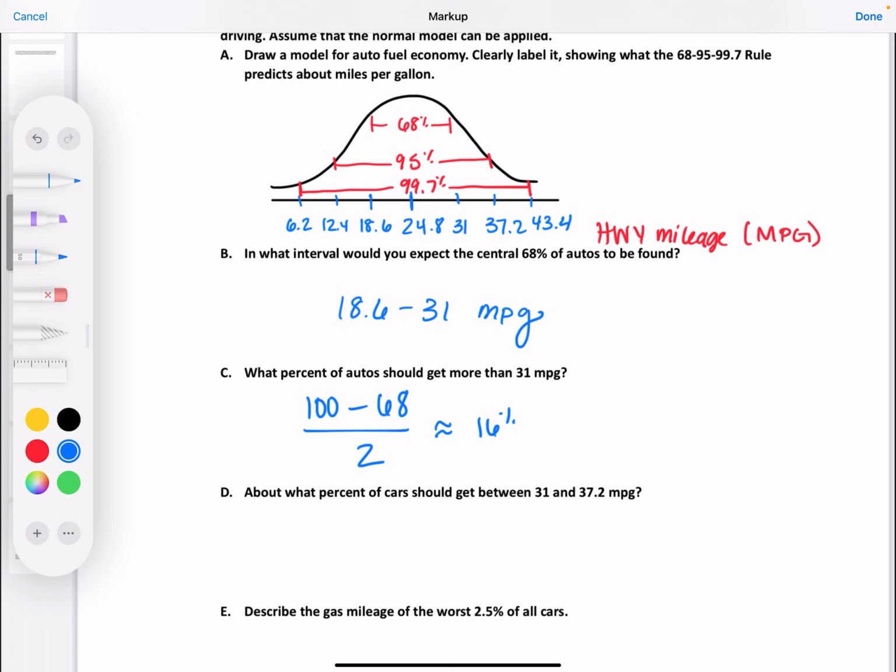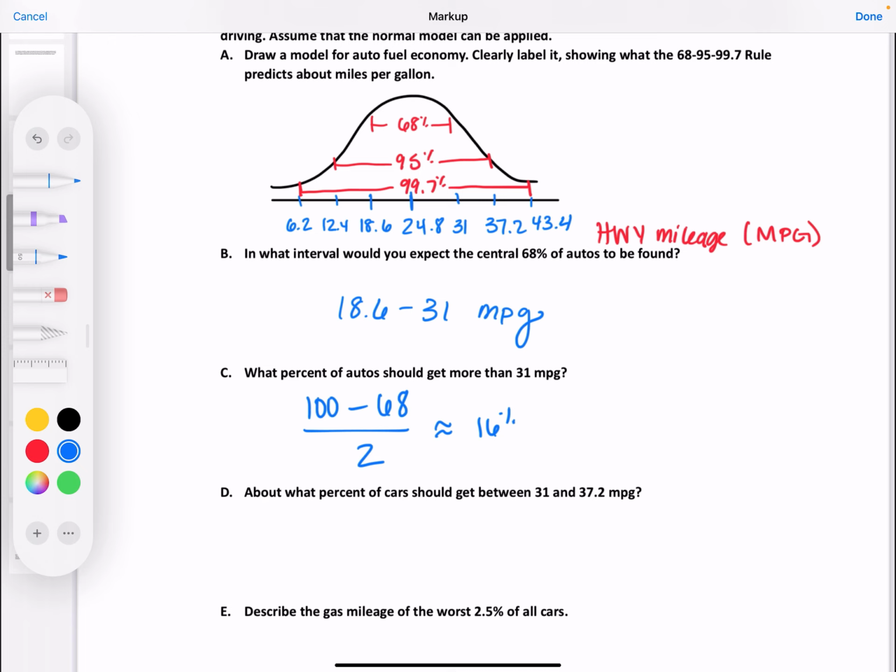So 37.2 is 2 standard deviations away, so I'm going to use 95 instead of 100, because that's my upper limit, since it wants it between these.